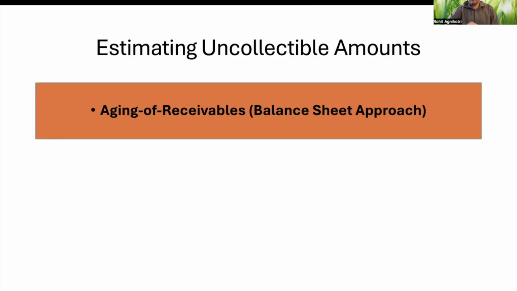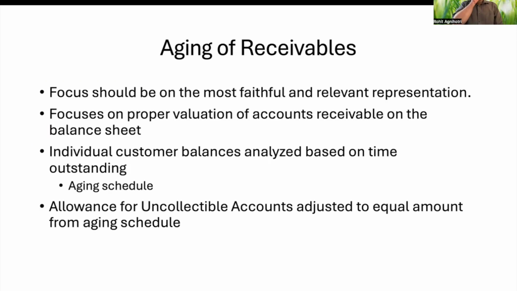There are different reasons. One of the reasons is that we are focusing on the balance sheet accounts. And by now, you should know that accounts receivable is a current asset, and current assets are shown on the balance sheet.